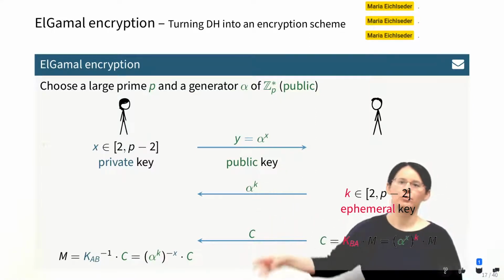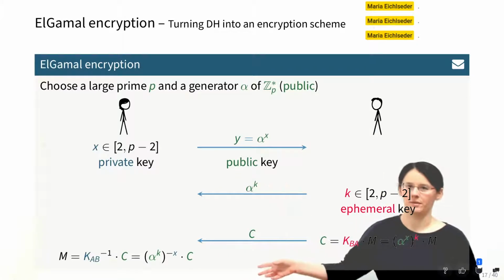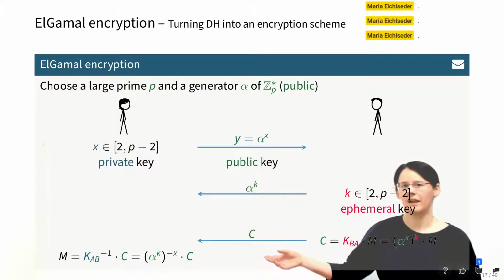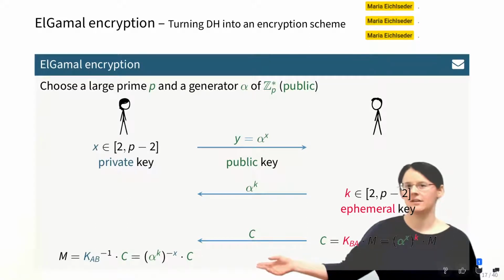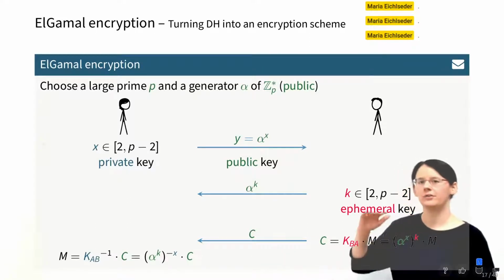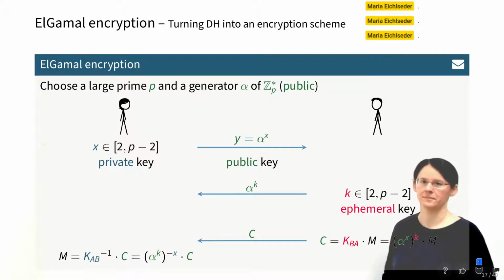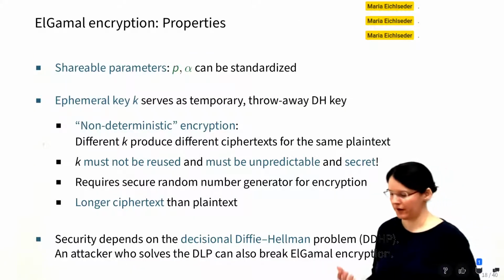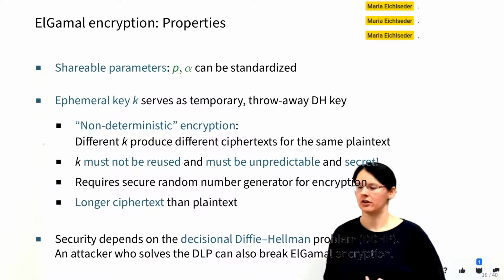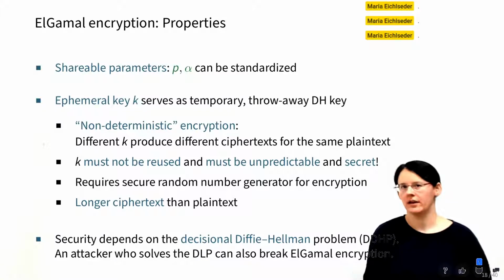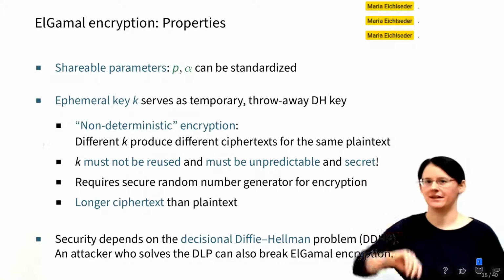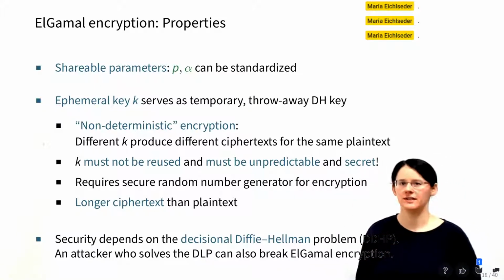So somebody who observes the communication wouldn't be able to tell that the same plaintext has been sent twice, because the ciphertexts will look different because of this randomization. This means that we don't need a complicated padding scheme like we had in RSA with extra randomization, but we can use a lot simpler padding scheme that does not introduce extra randomness.